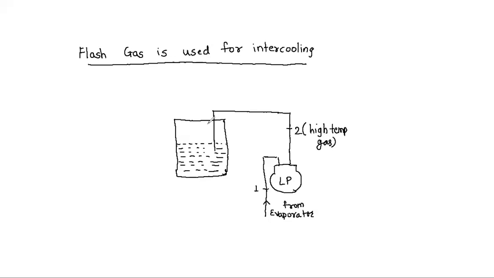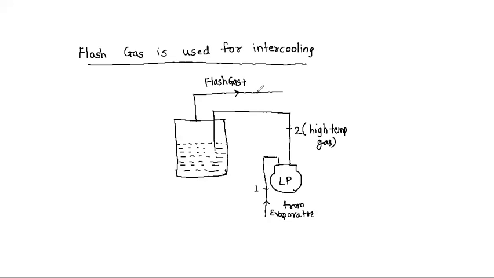This gas, when it is bubbled into this flash chamber, what you would expect is that the flash gases are evolved. Here you have the flash gases evolved, plus you have the refrigerant which is going to enter the high pressure compressor.